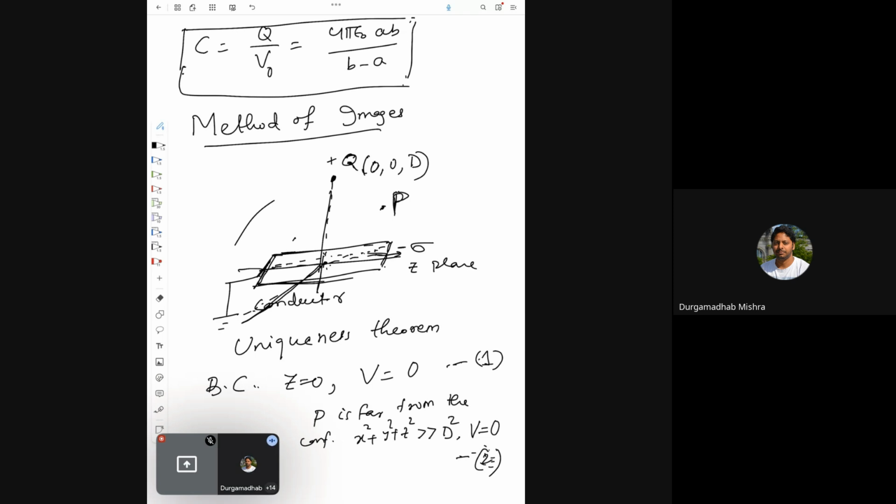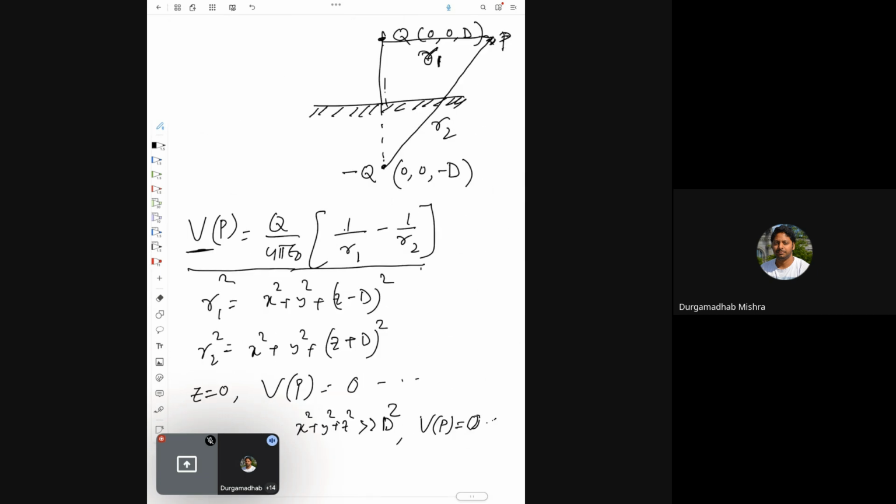So if I have a problem where you are given a conducting sheet, an infinite sheet, and there is another isolated charge, and you are asked to find the potential due to that charge distribution, what you do is immediately replace the plane with a mirror, and then find the mirror image of that charge.